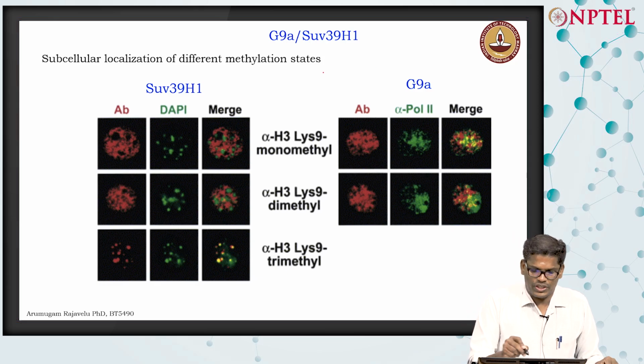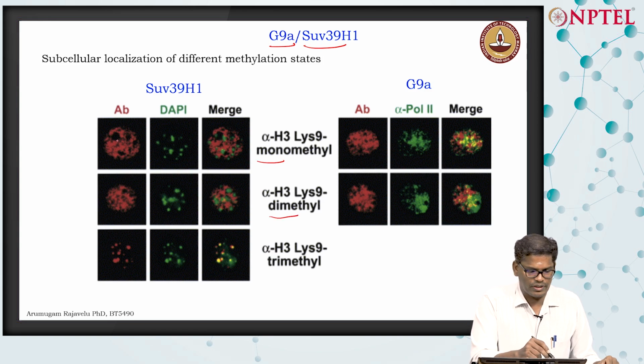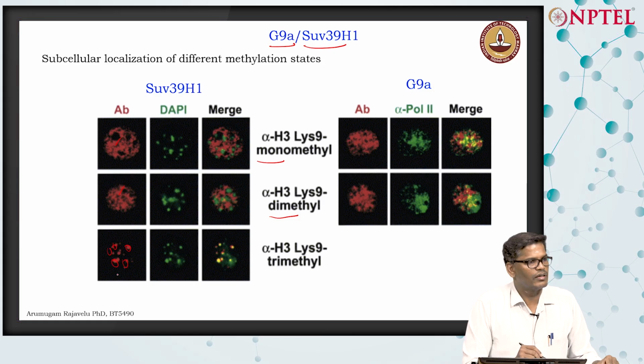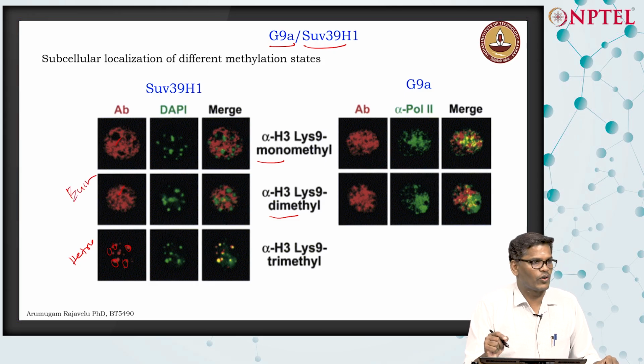Again, additional confirmations for G9A and SUV39H1 in the localization pattern, and then you see these monomethylation and dimethylation patterns. It's more diffuse here, and trimethylation is spotty, which clearly shows that this is heterochromatic and this is euchromatic, and that's matching with the G9A localization as well.